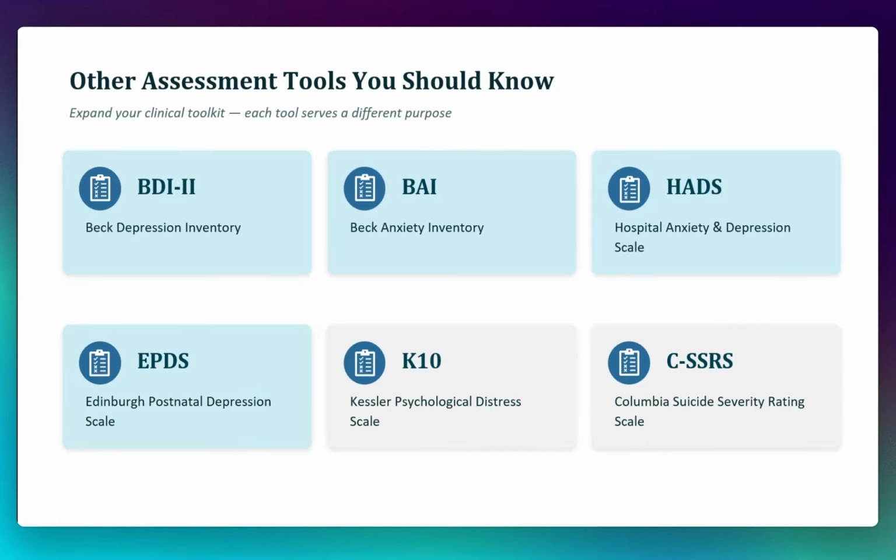The Edinburgh Postnatal Depression Scale. This is a screening questionnaire used to identify symptoms of depression during pregnancy and after childbirth. The Kessler K-10. This is a brief psychological distress scale used to assess nonspecific symptoms of anxiety and depression.